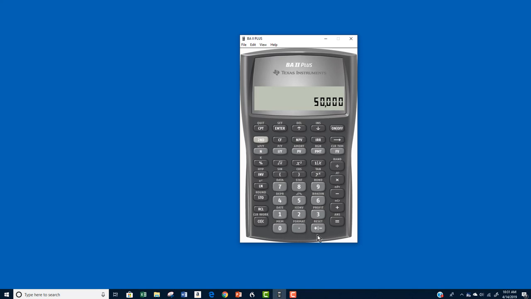When doing calculations in accounting or finance, you'll typically treat cash outflows as a negative number. So you'll be using this +/- key quite a bit. So again, if we're talking about an outflow of $100,000 because we're purchasing a piece of equipment, we would enter the 100,000 first, then switch the sign by clicking on the +/-.